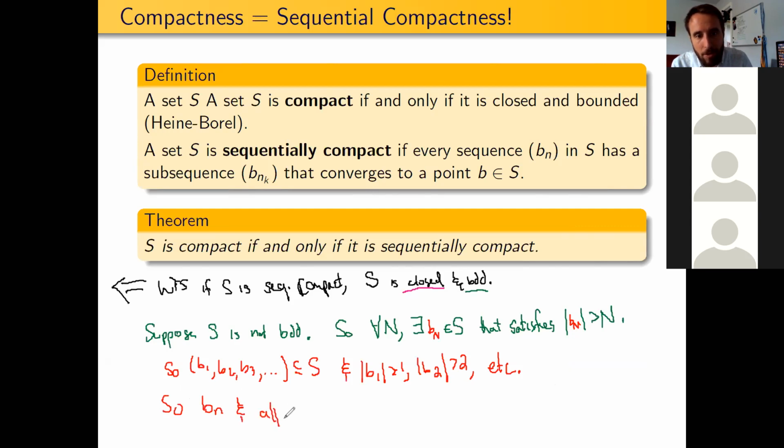Right, B sub n and all possible B sub n sub k's all diverge. And because of that, we have found a sequence in S that does not have a subsequence converging to a point in S. In fact, we have a sequence without any subsequences that converge at all. So S is not sequentially compact.